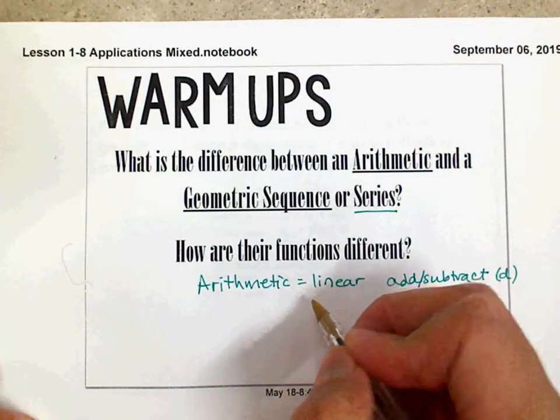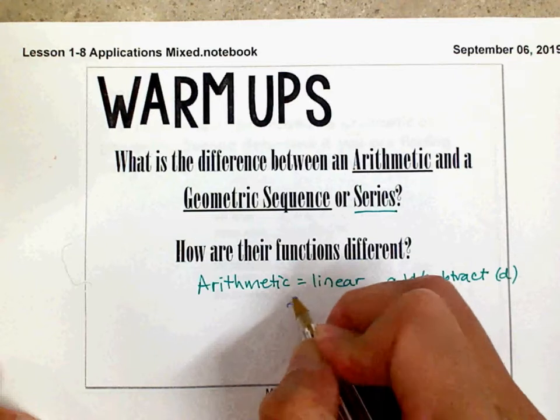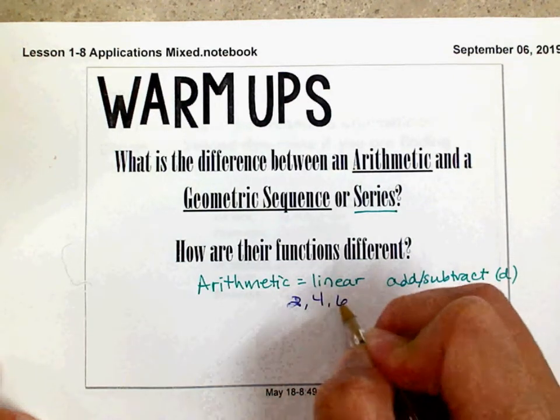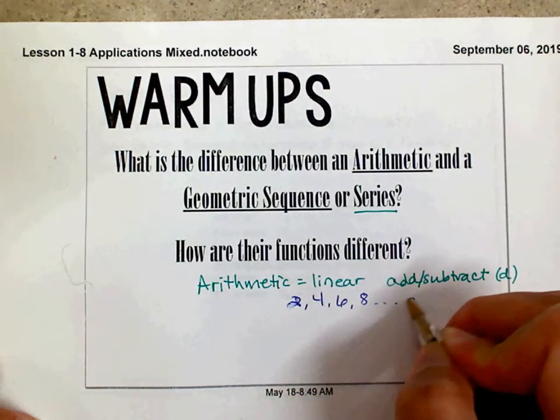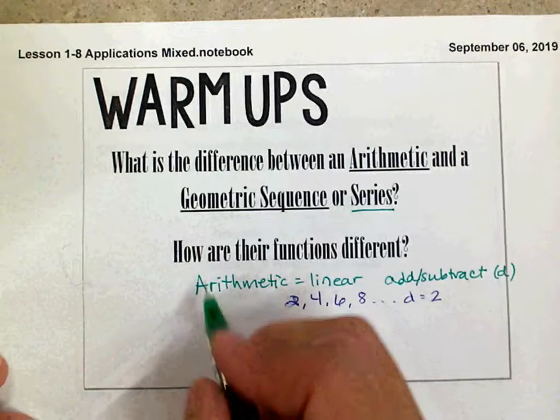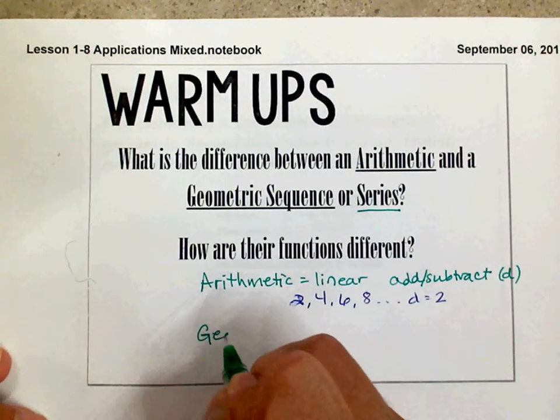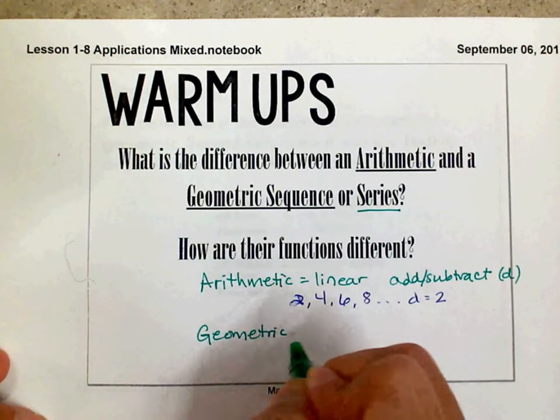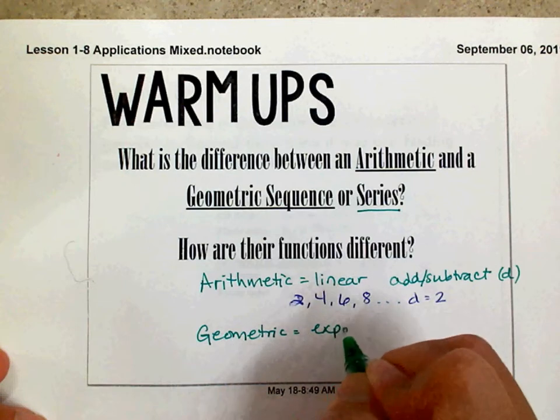For example, you will have 4, 6, 8, and so forth. You see how your D is a plus 2. You're going up by 2, okay? In a geometric, it is an exponential.